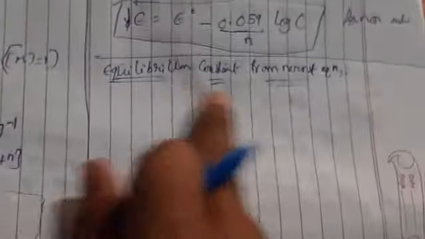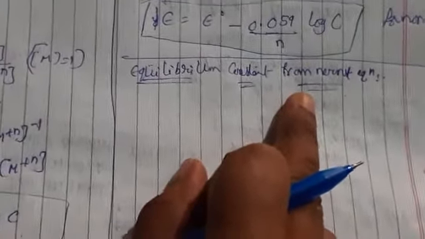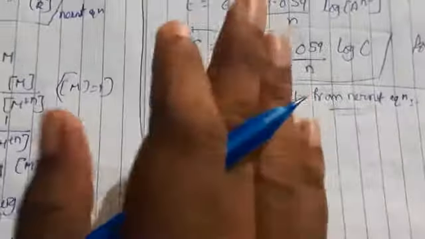So here, to get the equilibrium constant from the Nernst equation, we have to take a general reaction.